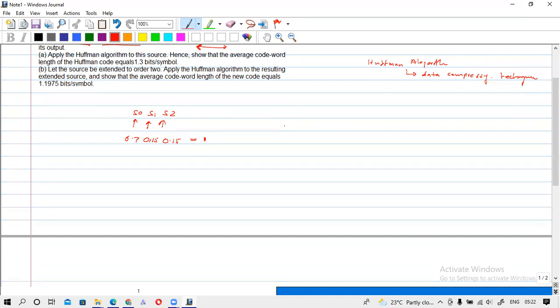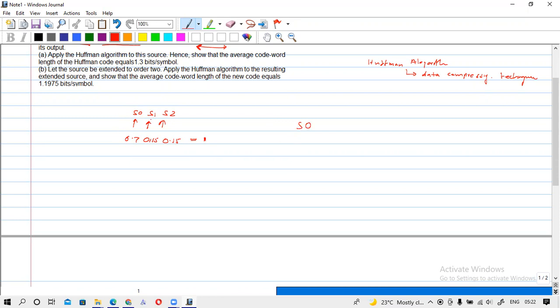You know that the first step is we have to write the probabilities from the highest one to the lowest one. That is the first step. You can see that S0 has the highest probability, so I can write it on the top.